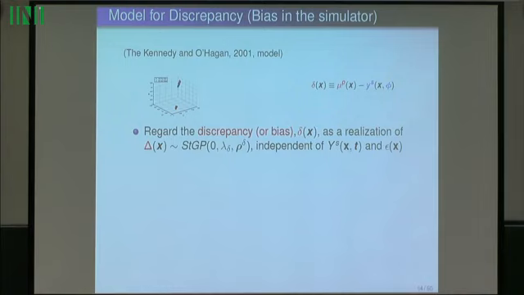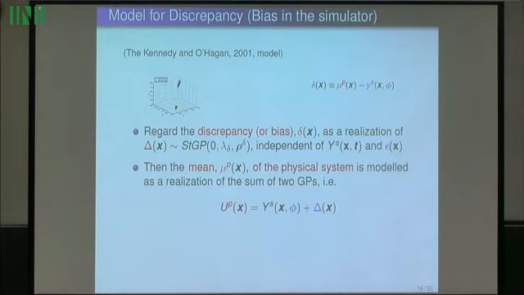So we're taking this discrepancy or bias as a realization of a second Gaussian process, mean zero, given precision, and again a product correlation structure with given correlation parameters, and all of our Gaussian processes and the error process are taken to be independent for now.